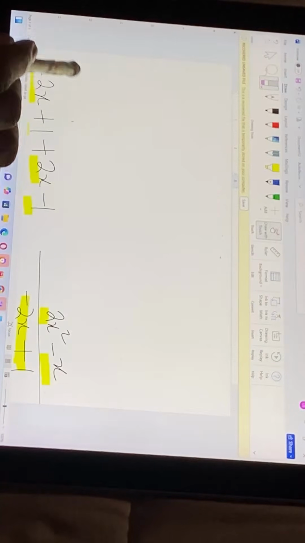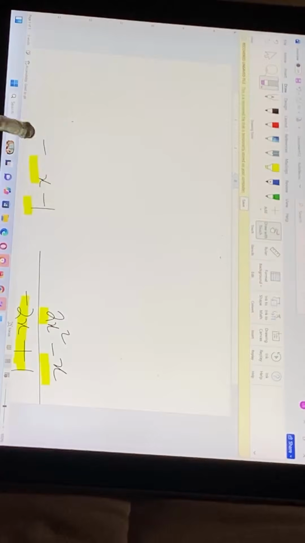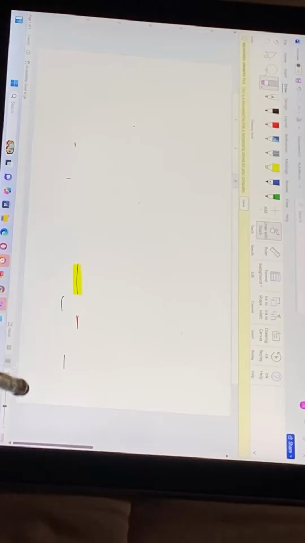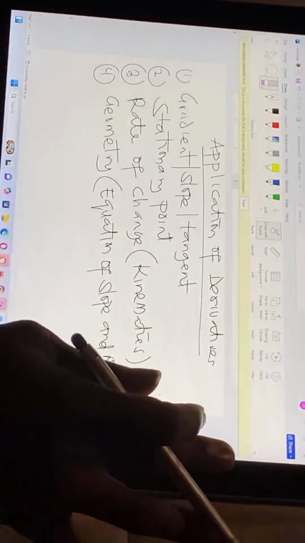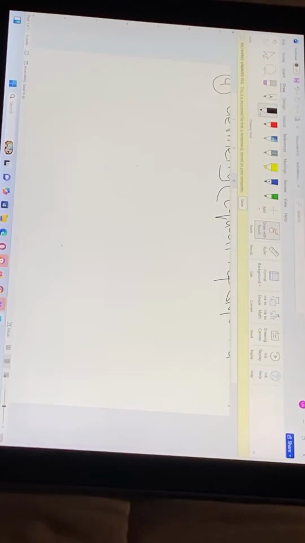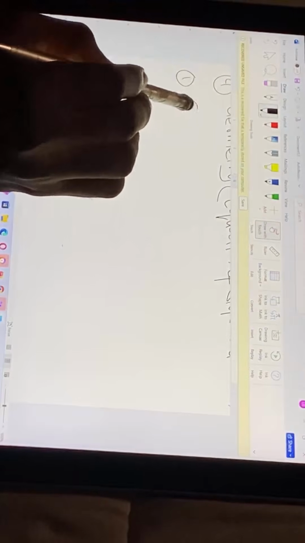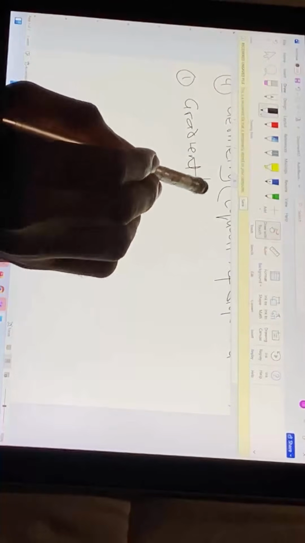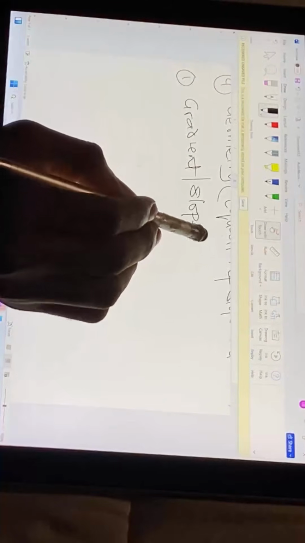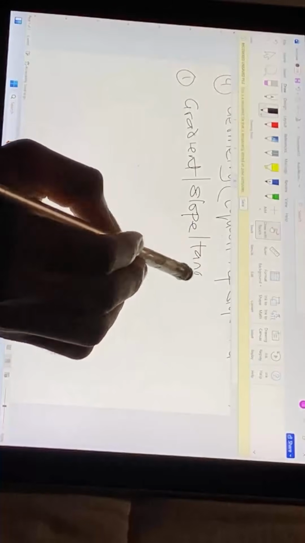The word slope is the same as gradient, and is the same as tangent. Please take notes. Before we solve a question here, let me explain more about slope and tangent.